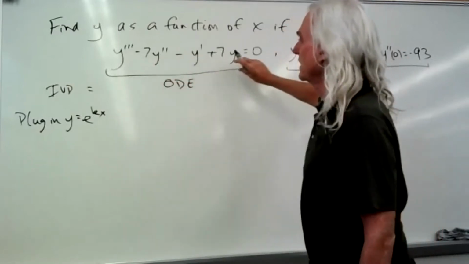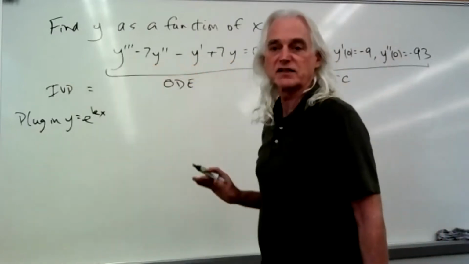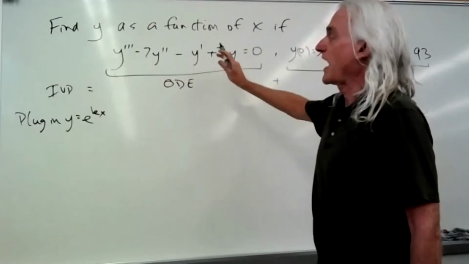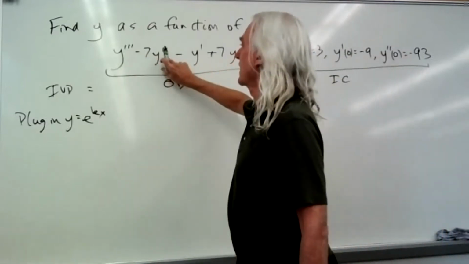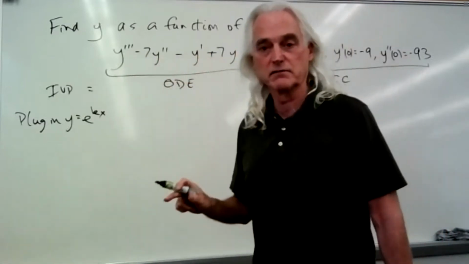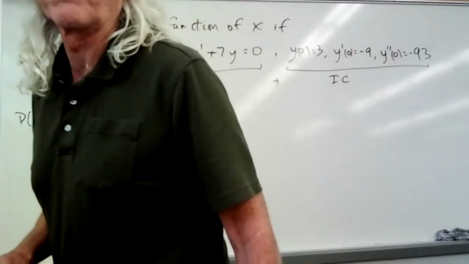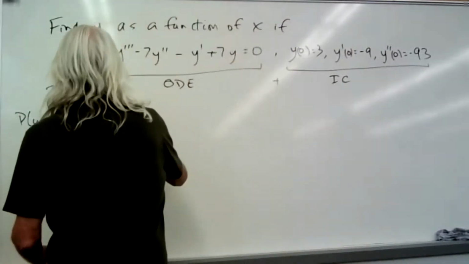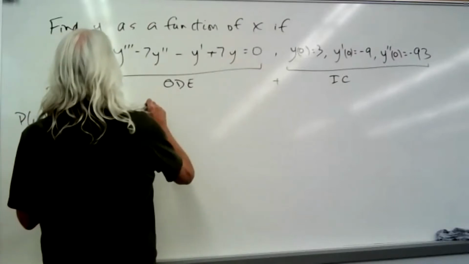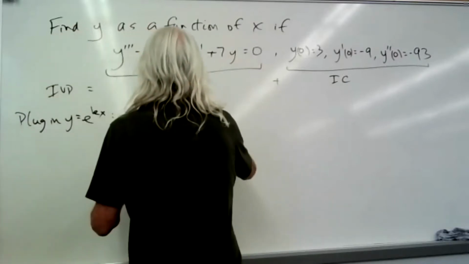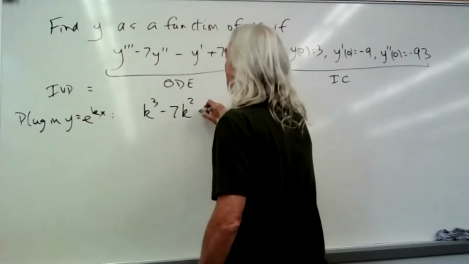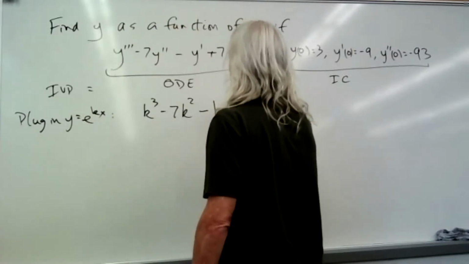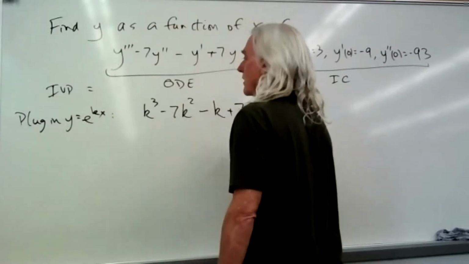And when you plug it in, every term has e to the kx as a factor, but this has a k cubed, a k squared, a k, and a nothing from the derivatives. So you get the characteristic equation, k cubed minus 7k squared minus k plus 7 equals 0.